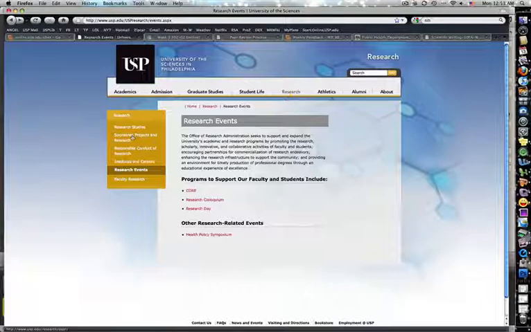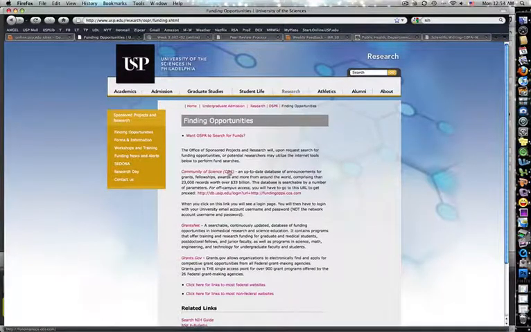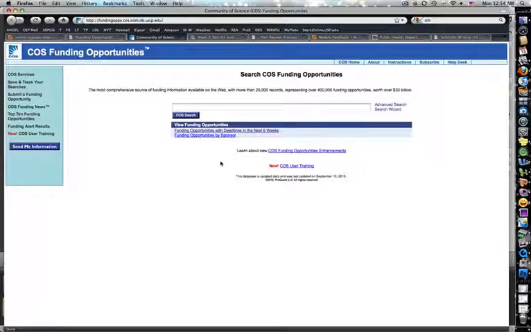And the other thing you can do for your own benefit is click on sponsored projects and research and on finding opportunities. You will see that apart from GrantsNet and Grants.gov, and I mentioned Grants.gov already, you can also seek information on grants on the Community of Science. Why? Because they also offer some smaller grants that you may actually be qualified for. So let's say many of you are physical therapy students.